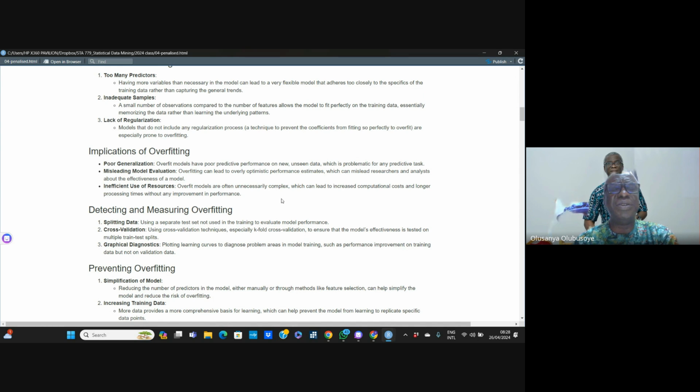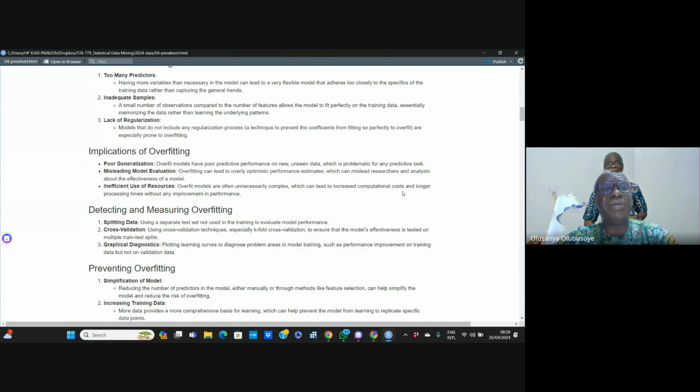That can lead to increased computational cost by having too many variables in your model, estimating too many parameters. That slows down the computational process and increases the processing time, and not just the cost, but also time. And yet there will be no improvement in the model performance.